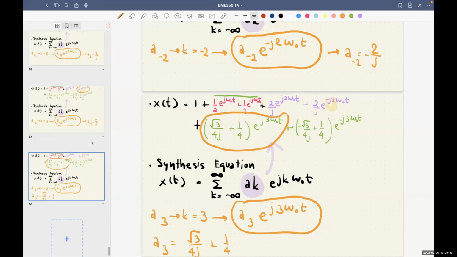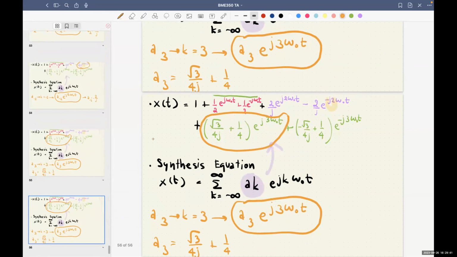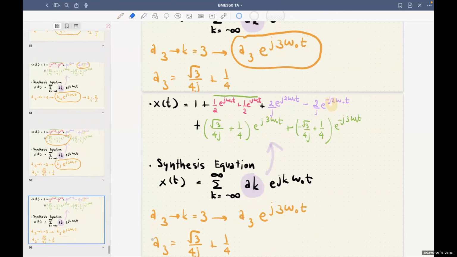Cool. And another term, we have a -3 here. We want to look at a -3 for the last term. K equals -3, and you're going to get our a -3 as -√3 over 4j plus 1 over 4.